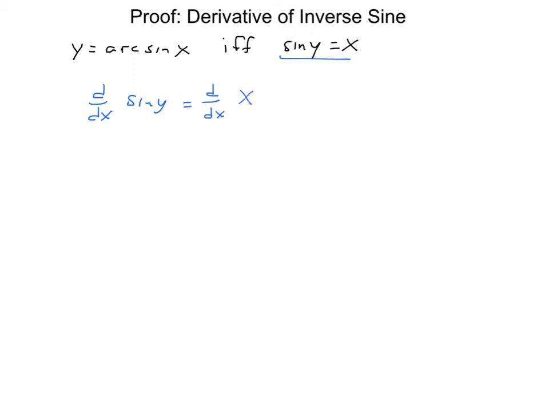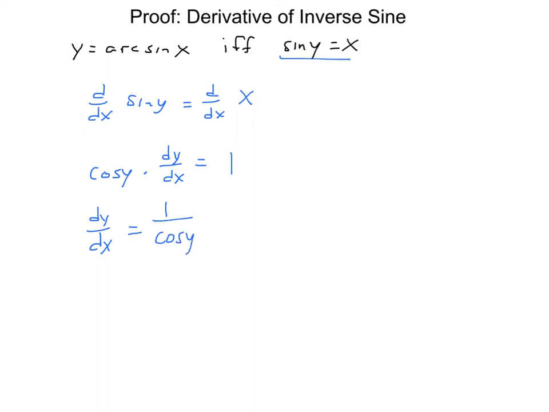Well, the derivative of sine is cosine, so that's going to be the cosine of y times the derivative of that inside function, dy dx, and that equals the derivative of x with respect to x, which is 1. And so when I solve this for dy dx, I get that dy dx is equal to 1 over the cosine of y.